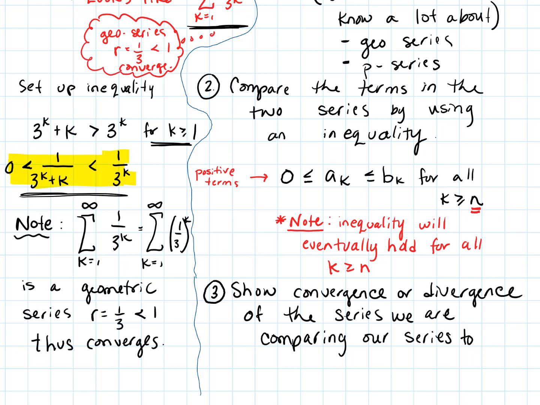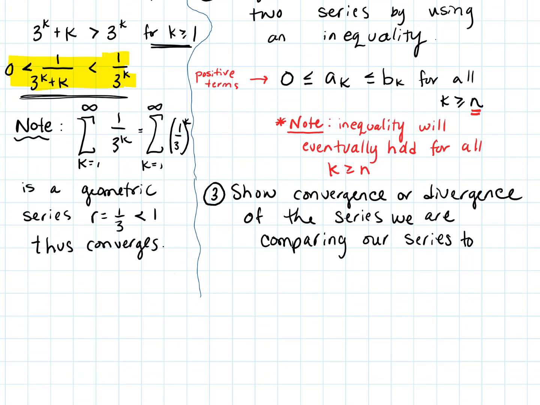therefore it converges. And then my final statement, since my series that I'm looking at is always less than that series, back to the highlighted inequality, I can actually go straight into the comparison test now.